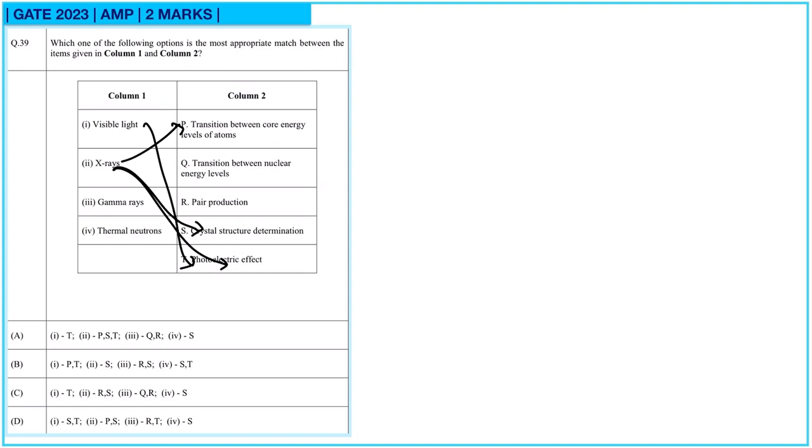Now for gamma rays, this is for pair production, and this is for transition between nuclear energy levels. So this is how we have to check. So for the third one, gamma rays, we have Q and R. And for the second one, P, S, T. So here option A is correct. And lastly, thermal neutrons for S, that is crystal structure determination.